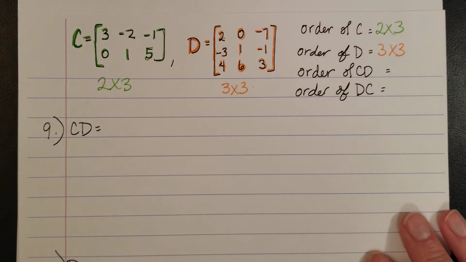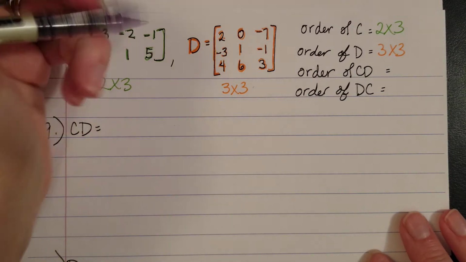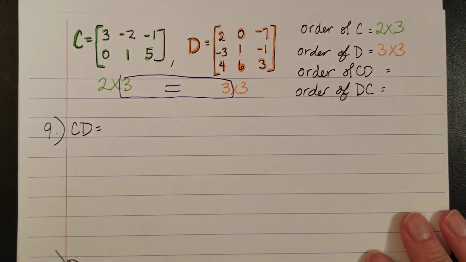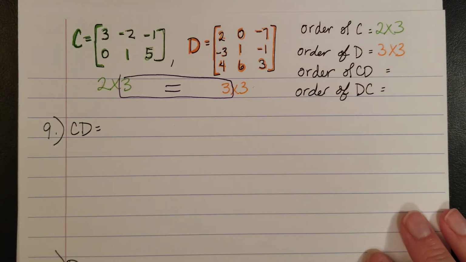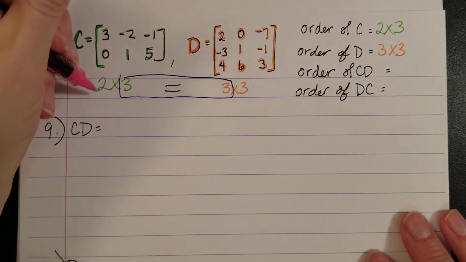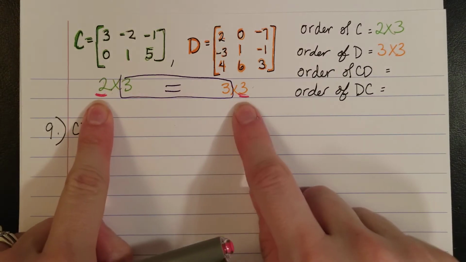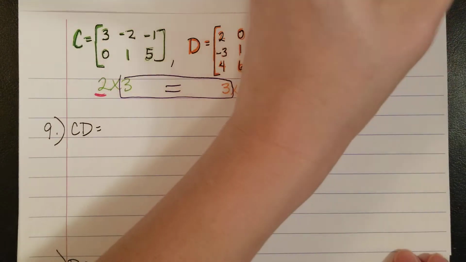So C times D is possible, and the answer for C times D is going to be a 2 by 3.